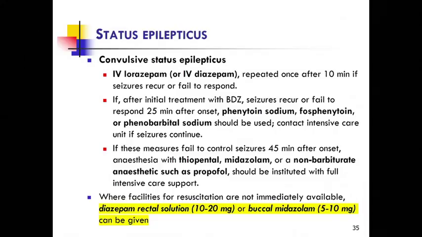Now, for facilities that are not close to proper health centers where these things can be done, if the status occurs in the village, before they get the person to a facility, if there is a small clinic or CHIPS compound in the vicinity, they can give diazepam rectal solution, not the suppository, rectal solution, or buccal midazolam.